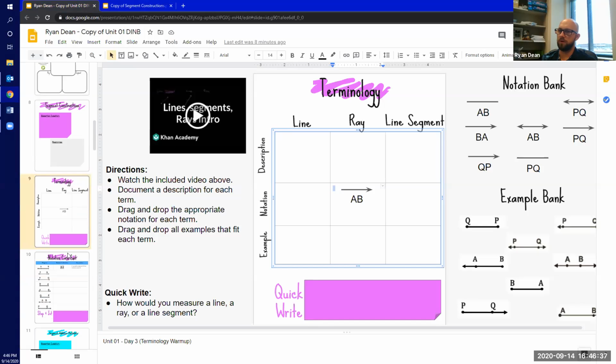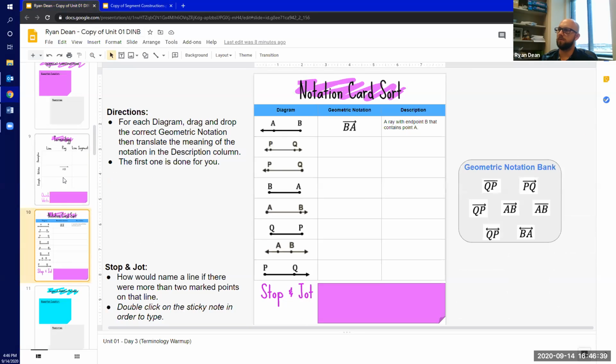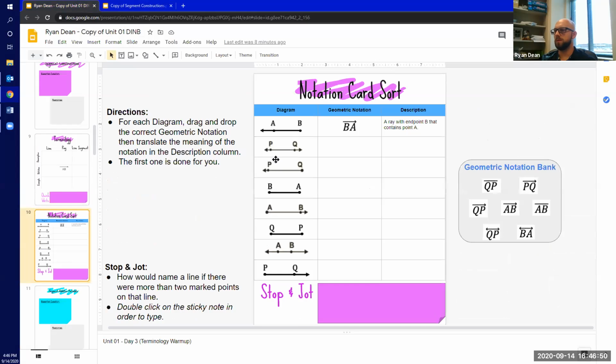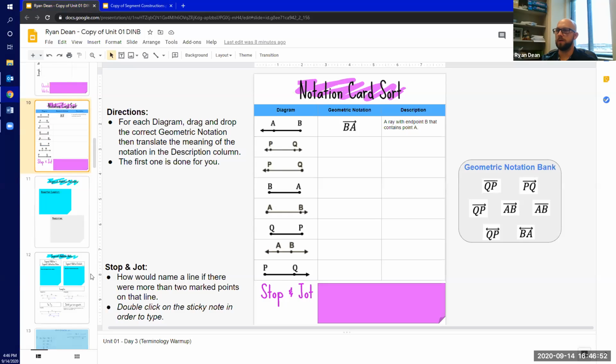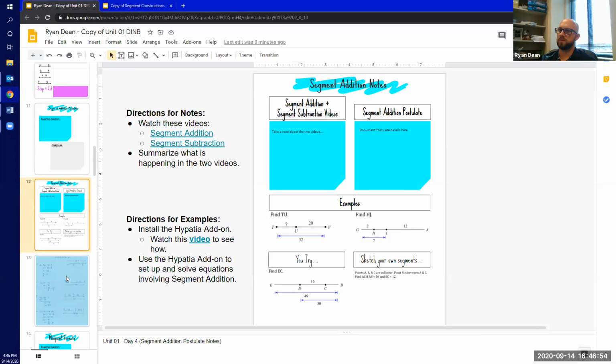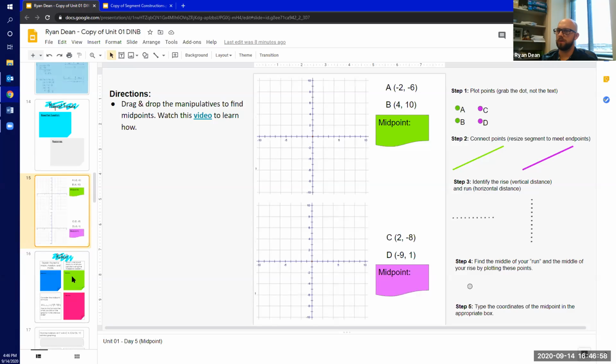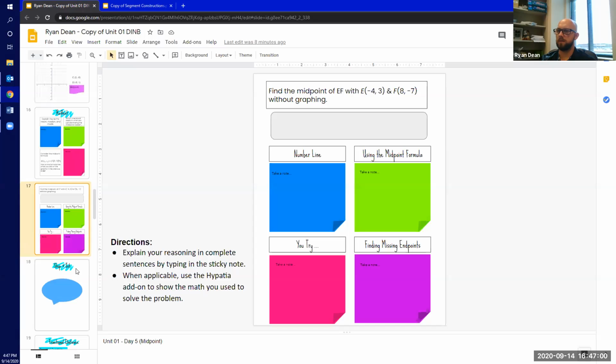When we come over to our notebook though, we have lots of practice with notations, right? So make sure that you get lots of practice with that. And one thing that you're going to need to do, because there's no slide for congruent or anything like that.